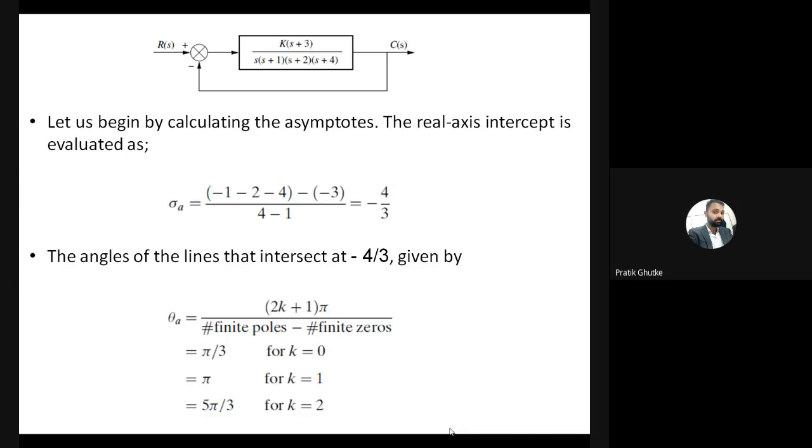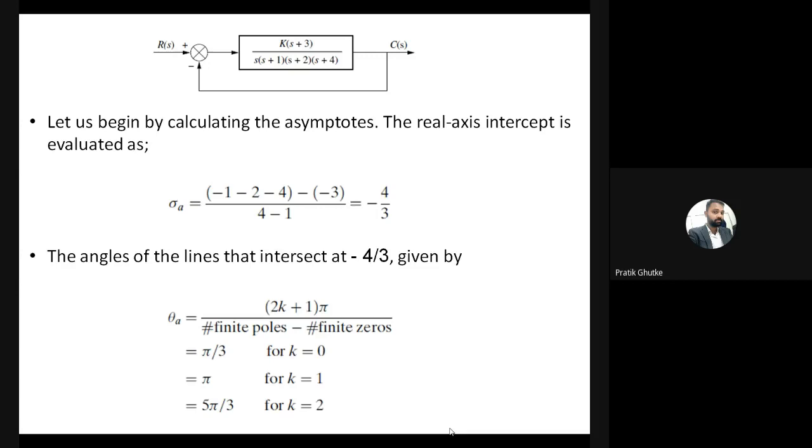Now calculate the angle of asymptote. As there are 4 poles and 1 zero, p minus z is 4 minus 1, that is 3. So there will be 3 angles of asymptotes. The formula to calculate the angle of asymptote is psi equals (2k plus 1) times pi divided by (p minus z), where k will be varied from 0, 1, and then 2. So what will be my values of theta 1, theta 2, and theta 3?